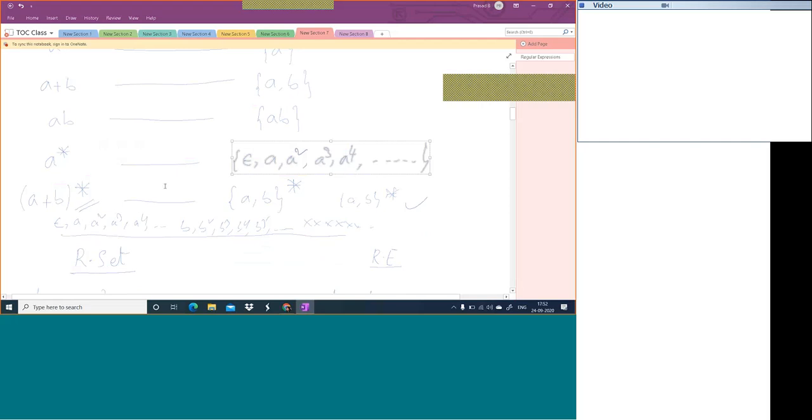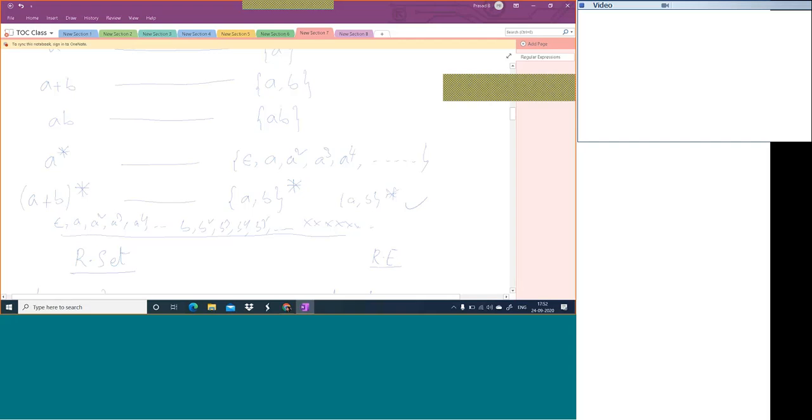Okay. Now A plus B whole star. What is the meaning of A plus B whole star? A plus B whole star means any combination over A and B. This gives epsilon alone, only A's, that is A square, A cube, and so on, and only B's, B square, B cube, and so on, and any combination over A and B. Suppose A, B, B, or B, A, B, or B, B, A, B, B, B, whatever.